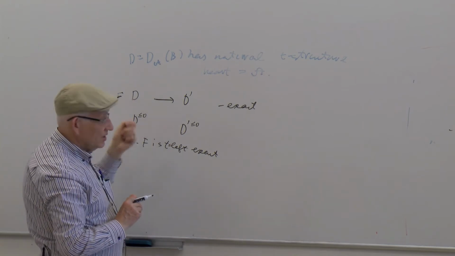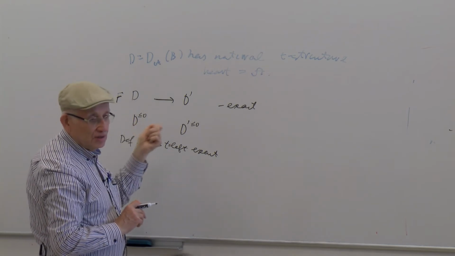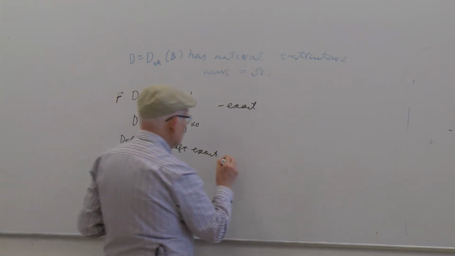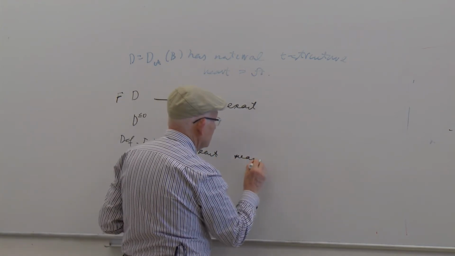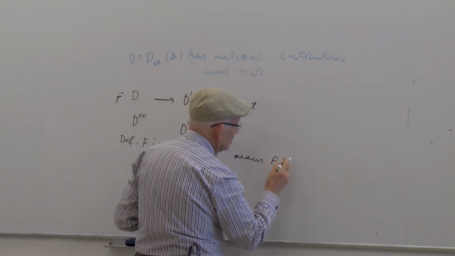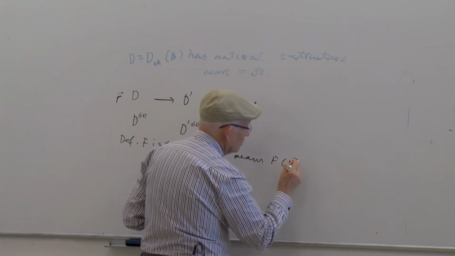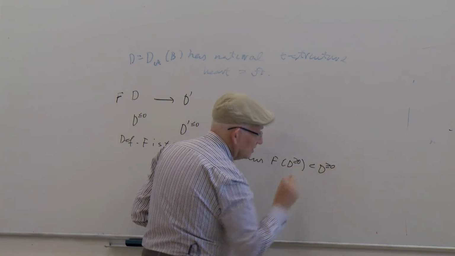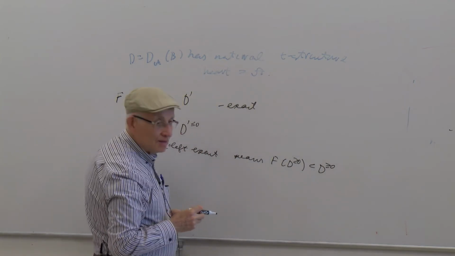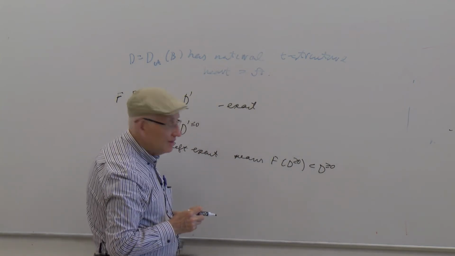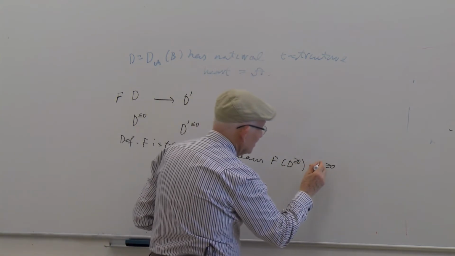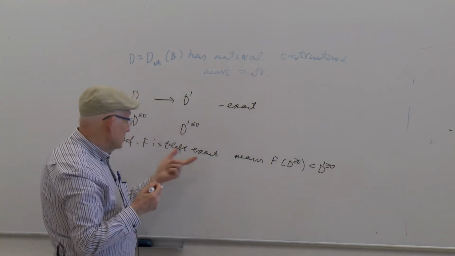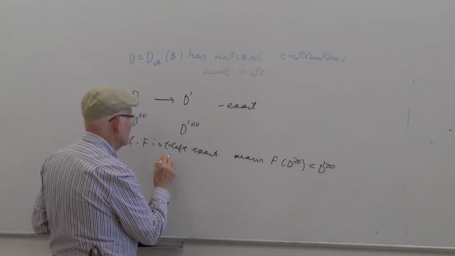But we would like to understand how they behave on the heart. So F is left t-exact means that F of D≥0 lies in D'≥0. You can say that it's left exact, or it is right moving.